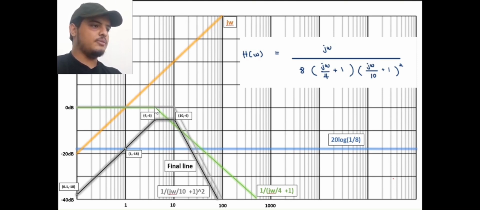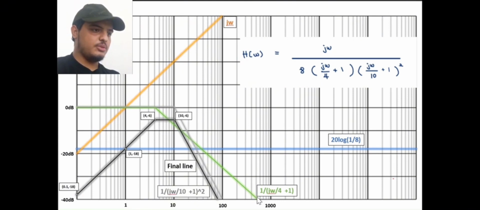So we draw the line from 0 dB until point number 4, then going down at negative 20 dB per decade, and we draw it as long as we can.